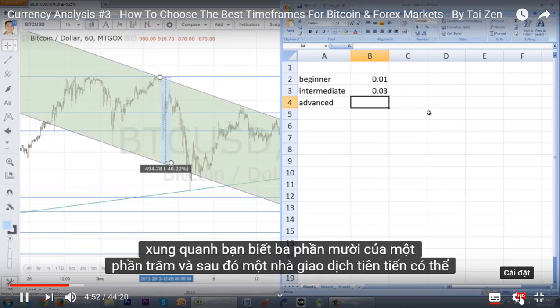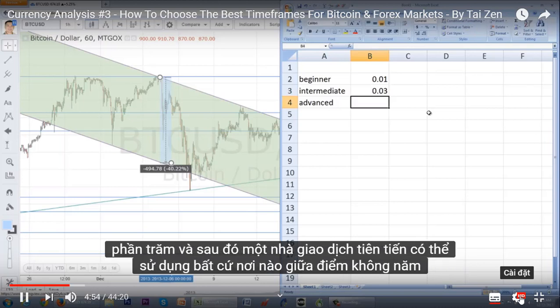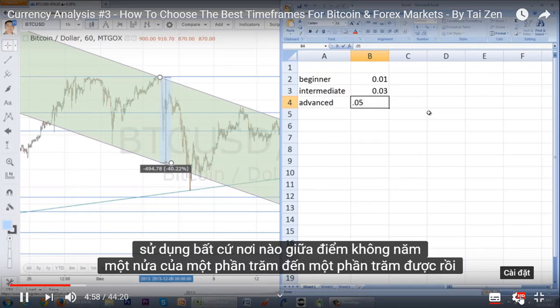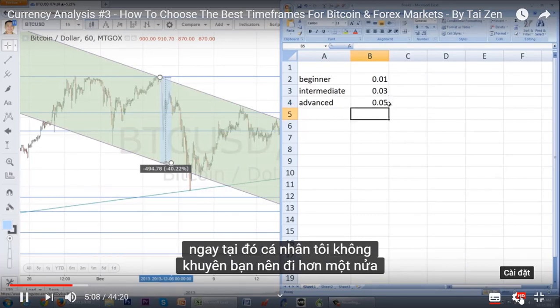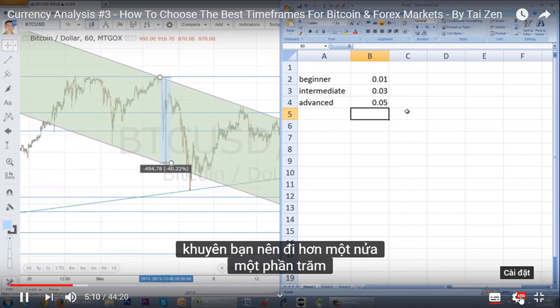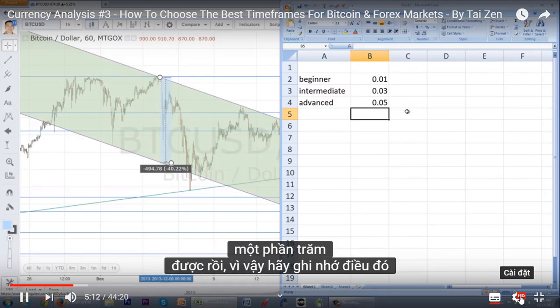And an advanced trader can use anywhere between 0.5, half of 1%, to 1%. I personally do not recommend going over more than half of 1%. So just keep that in mind.